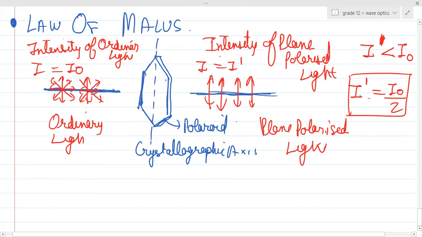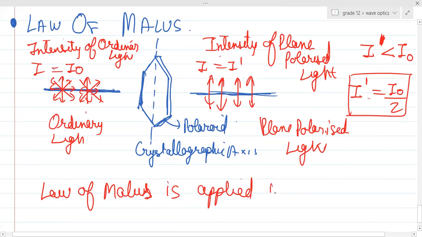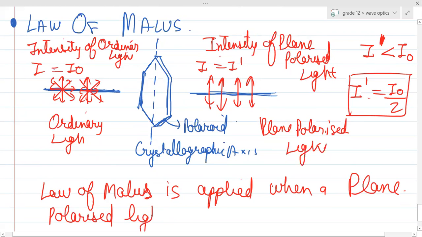For ordinary light, it passes through the polaroid. For plane polarized light, that is not applicable, but the law of Malus is applied. You'll write: it is applied when a plane polarized light passes through a polarizer.